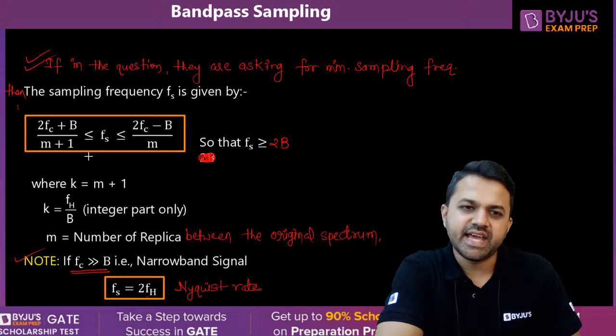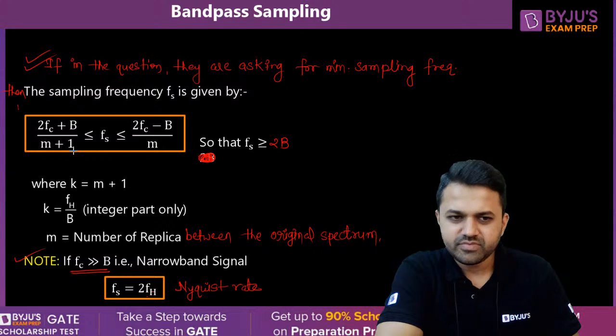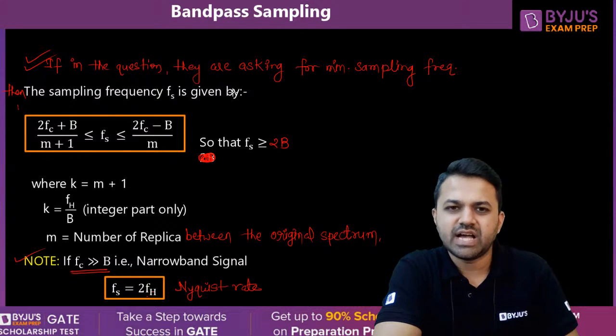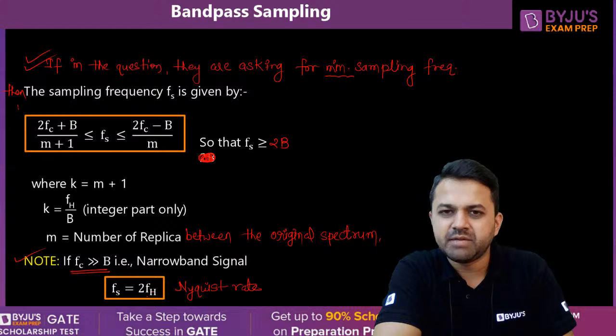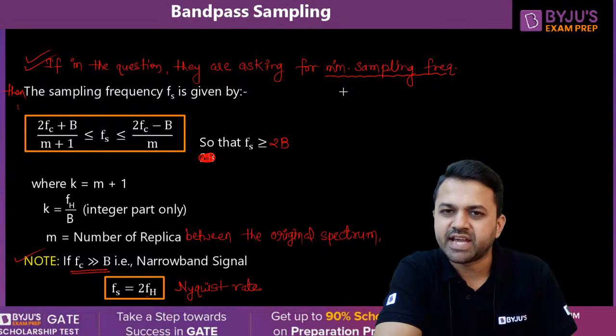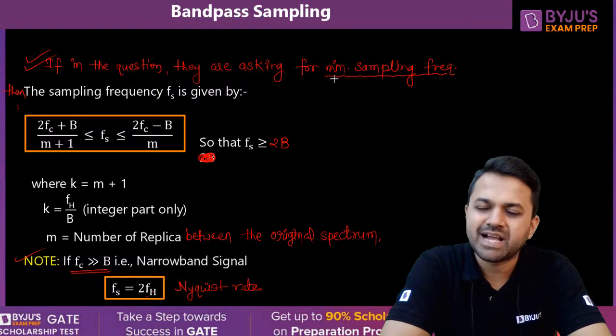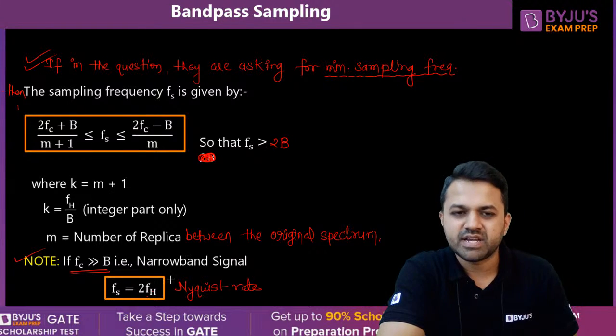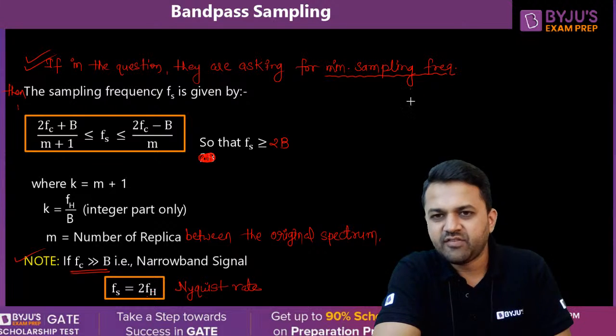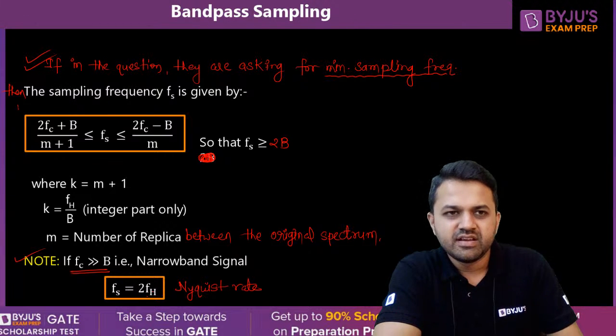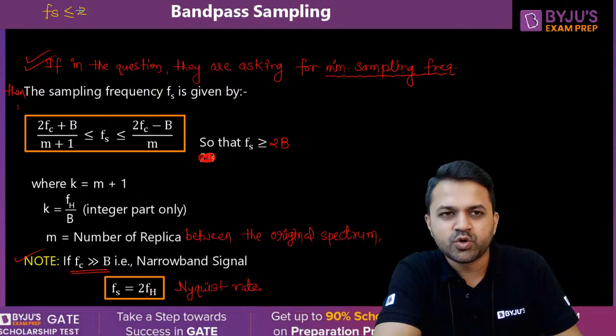Now, if I take m equal to 1, suppose I am looking for the minimum sampling frequency. What is the maximum sampling frequency you can take in this case? That is nothing but 2fh. We have already written that the sampling frequency should be less than or equal to 2fh.